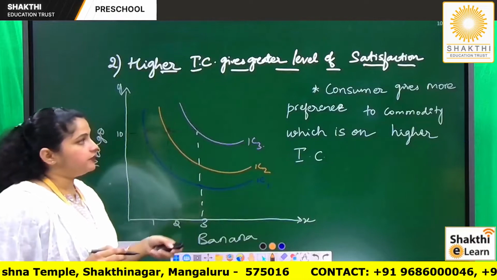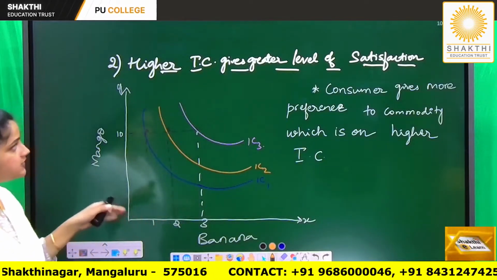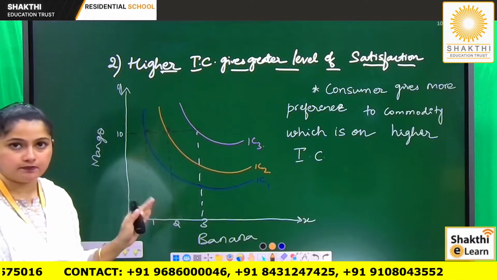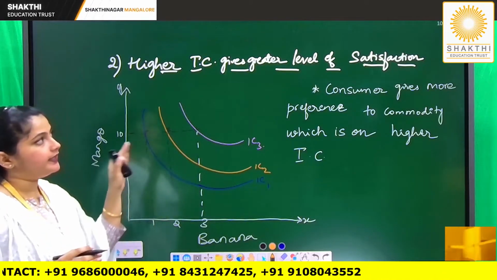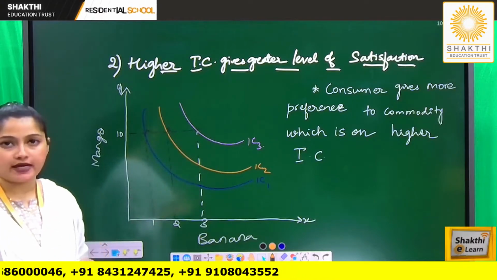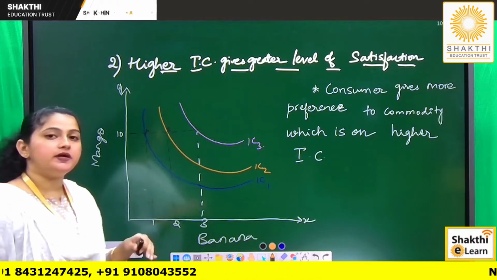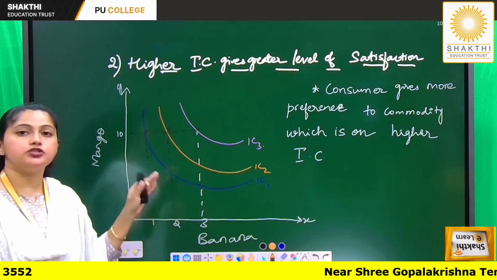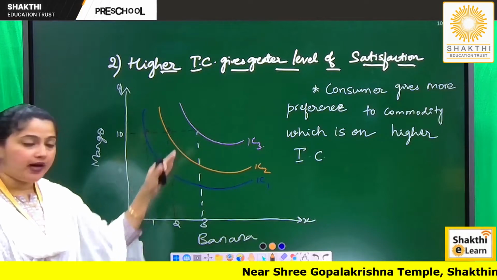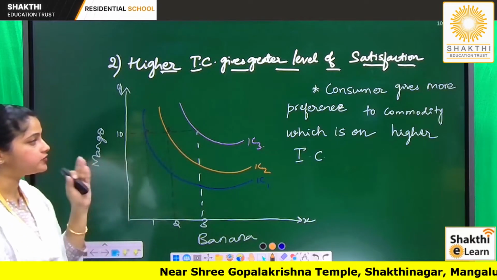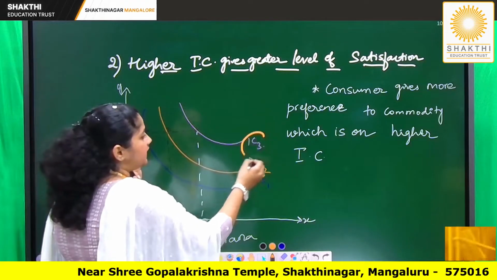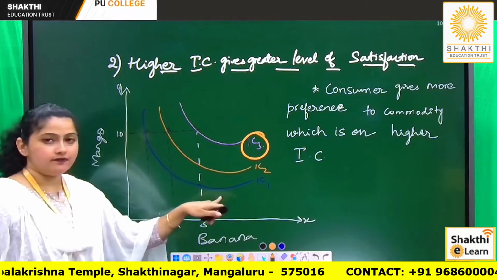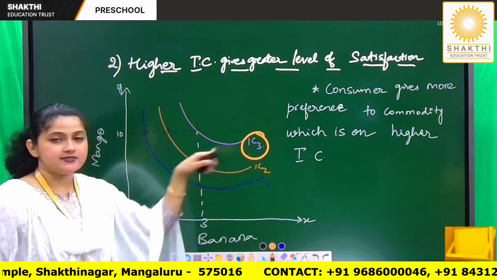The next feature which we are going to give importance to is: higher indifference curve gives greater level of satisfaction. I repeat, higher indifference curve gives greater level of satisfaction. Now, in simple words, a consumer is going to select, among these three curves, the IC3 curve, because in this graph there are three curves, IC1, IC2 and IC3.